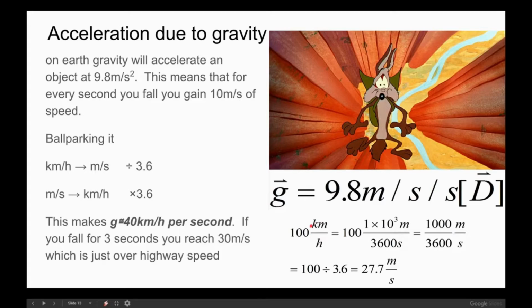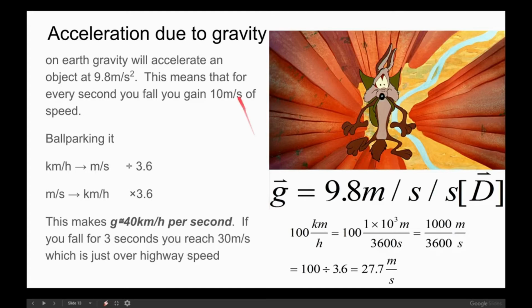If you watch my conversion video, here's a simple conversion of kilometers an hour to meters per second. Basic rule is, if you're heading to meters a second, divide by 3.6. If you want to go from meters a second to kilometers an hour, times by 3.6. So if you let me get away with rounding gravity to this, and then rounding this number to 4, very crudely, when you fall, you gain speed at 40 kilometers an hour every single second you fall.